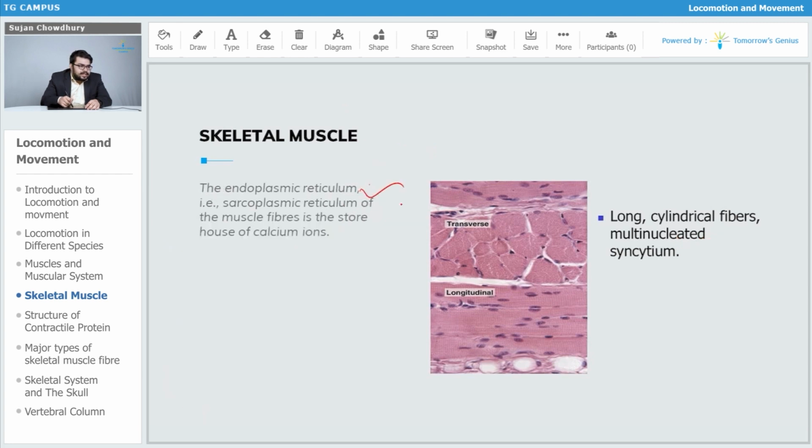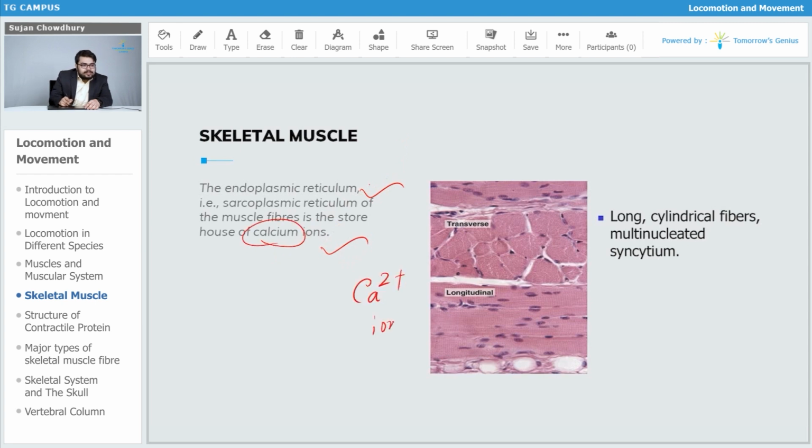The endoplasmic reticulum is also known as sarcoplasmic reticulum, which you have already seen in the diagram before. The sarcoplasmic reticulum of the muscle fiber is a storehouse for calcium ions. This is a very important thing.